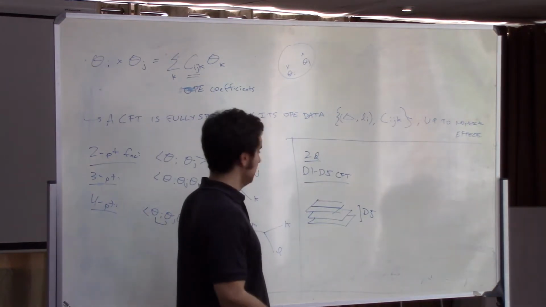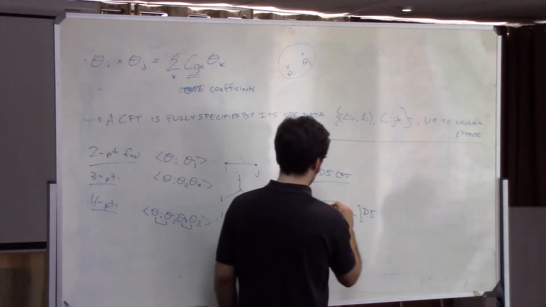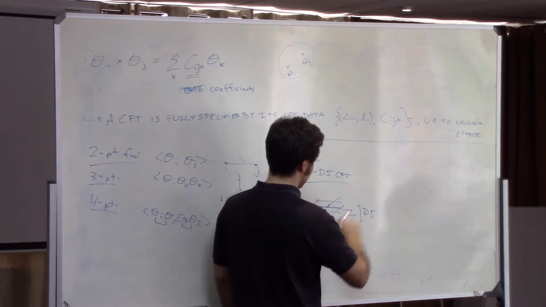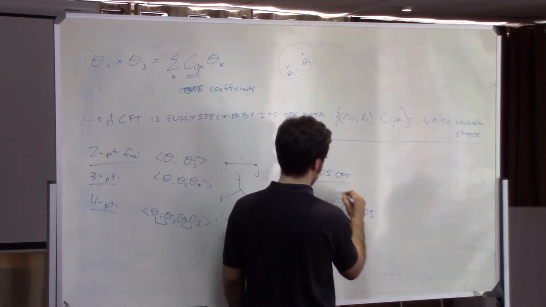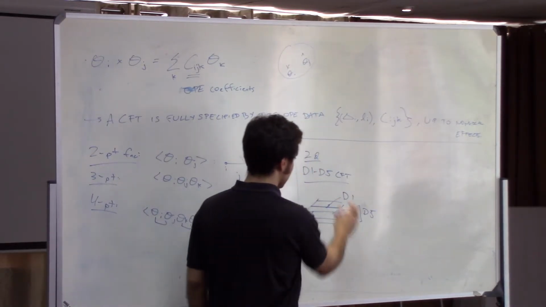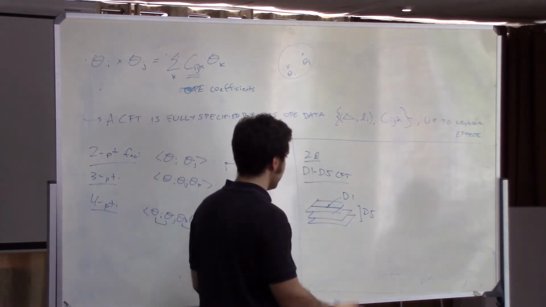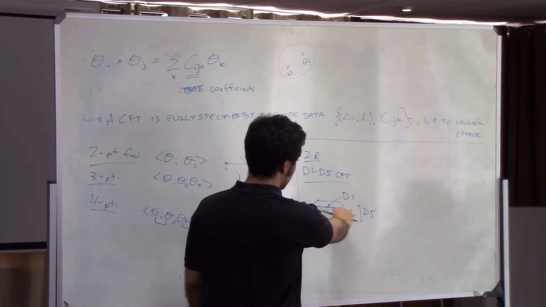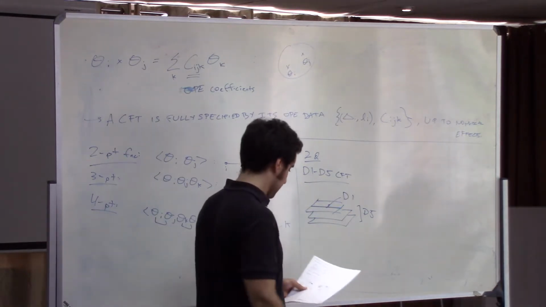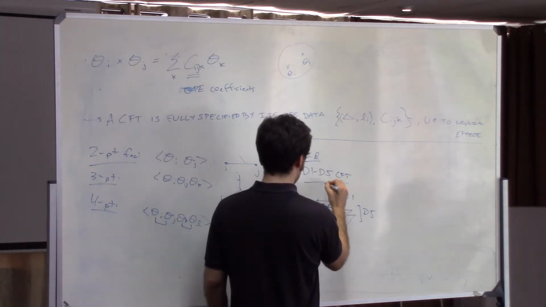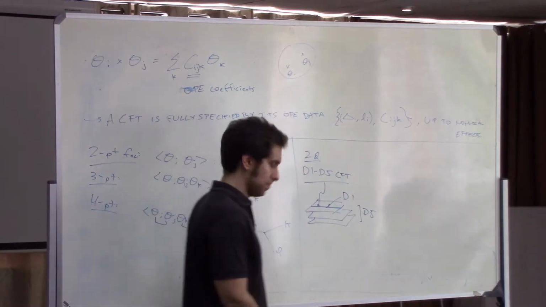I have a lot of them, a large N number of them. And sitting embedded inside these D5 branes is a set of D1 branes. These are objects that have 1 space dimension, these have 5 space dimensions in their world volume, and living on this 1+1 dimensional intersection is a CFT. So that CFT lives here.